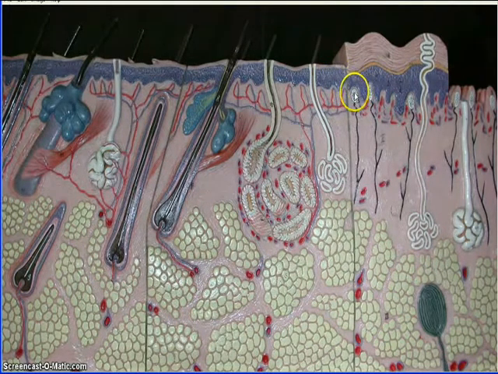In that papilla, you have the touch receptor for light touch. That's the Meissner's, or tactile corpuscles, but for light touch. And then you have this receptor that extends into the dermis down to the subcutaneous layer. It's called the lamellated corpuscles, Pacinian corpuscles is what that's called.